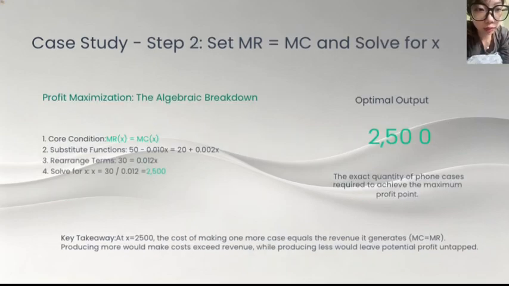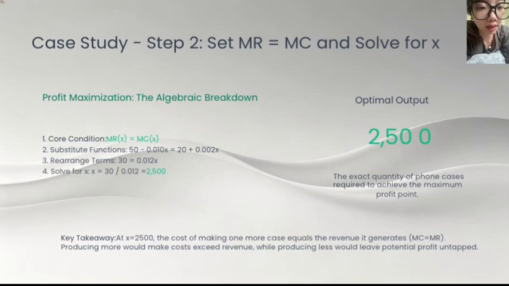Now let us move on to step 2 in our business case. We use the rule MR equals MC to solve for production number X. All math steps for this question are shown on the left side of the slide. After finishing the calculation, we get 2,500.